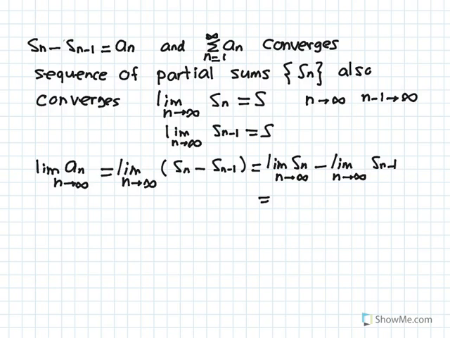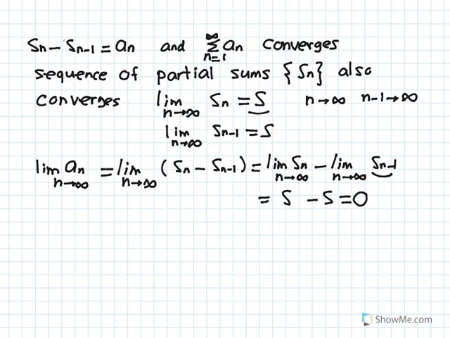What is the limit of Sn? Well, we showed that's just s. This is a convergent series, so it converges to a finite sum, and Sn minus 1 also converges to the same sum, s. s minus s gives us 0.